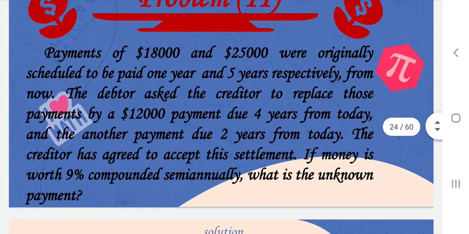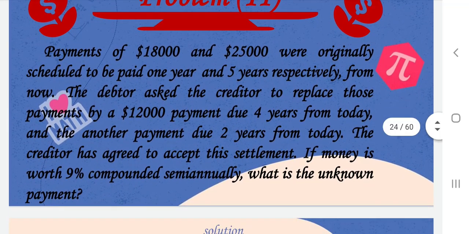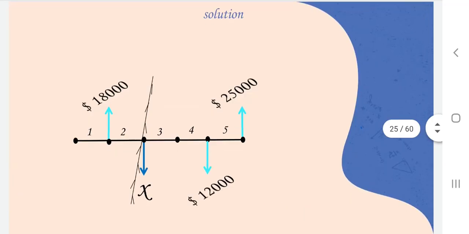By looking at the problem, you don't know the position of focal date. So you can put it at the time of X. The main formula from the timeline, the future value for $18,000 plus present value for $25,000 equal X plus the present value for $12,000.